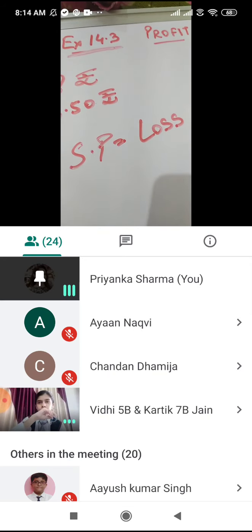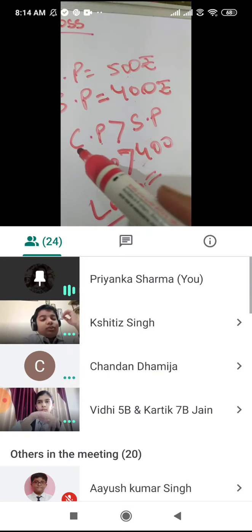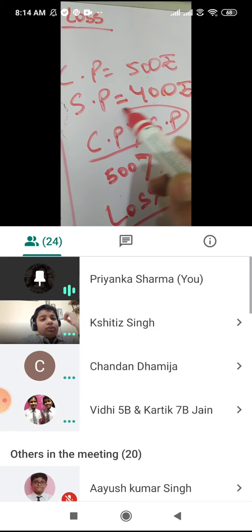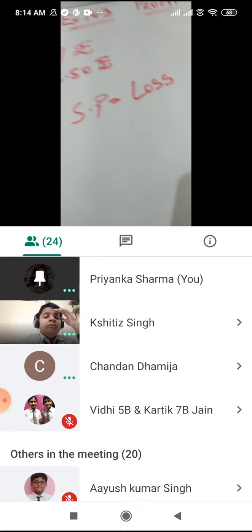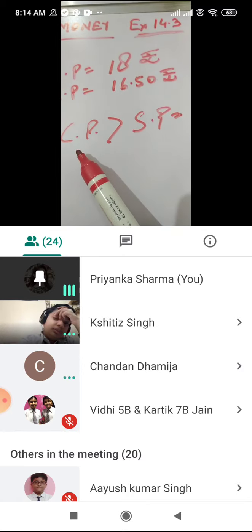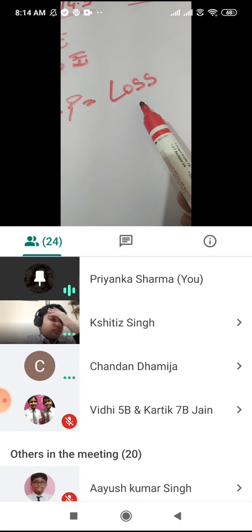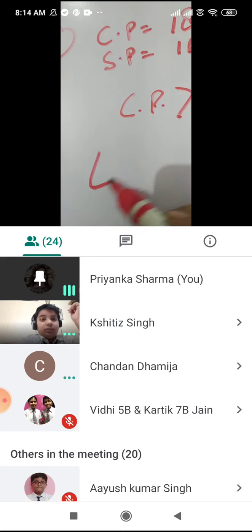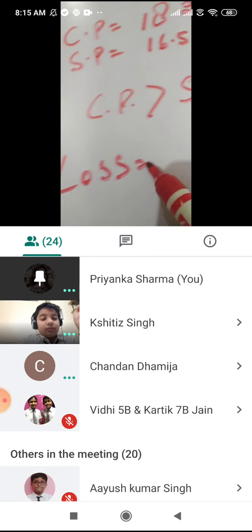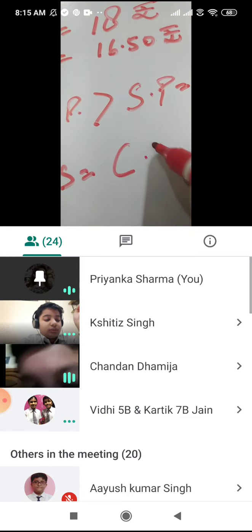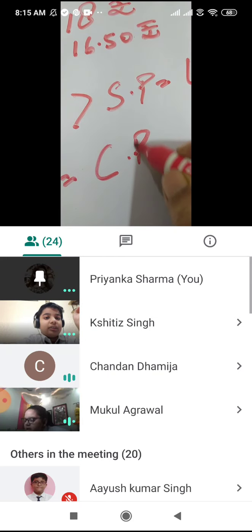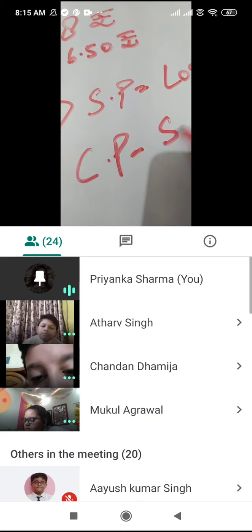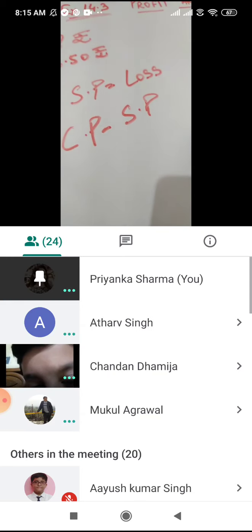When we were doing the example, I told you, when cost price is greater than the selling price, we suffer loss. So we write here, cost price is greater than selling price, therefore loss. What is the formula of loss? Loss is equal to cost price minus selling price.